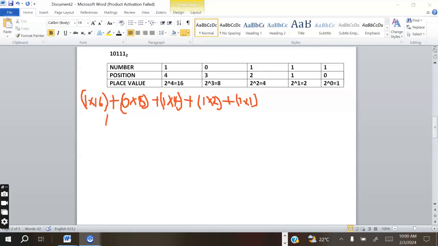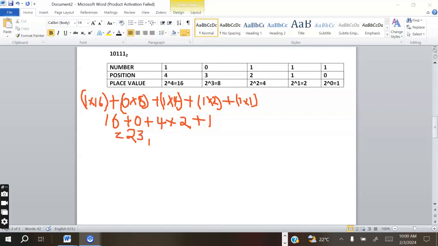So this is 16. 1 multiplied by 16 is 16. This is 0. This is 4. 1 multiplied by 4 is 4, plus this is 2, plus 1. So 16 plus 4, 20, 23. So they're supposed to give us a total of 23.